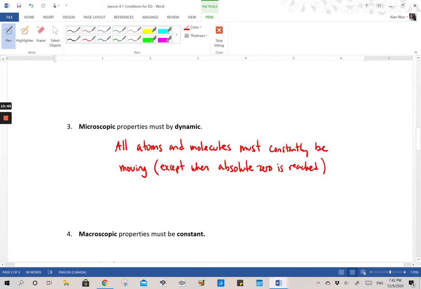So even when we look at solids, their molecules are still vibrating, even though the solid itself, when you look at it from the outside, it's just a solid sitting on a table, right? Nothing interesting. But if you can zoom in on the atoms and molecules, the atoms still vibrate.